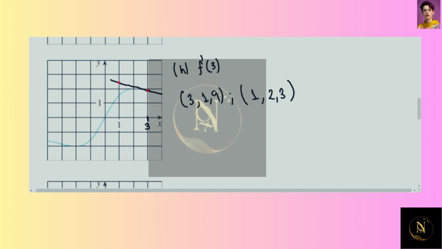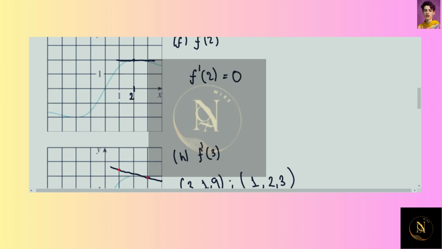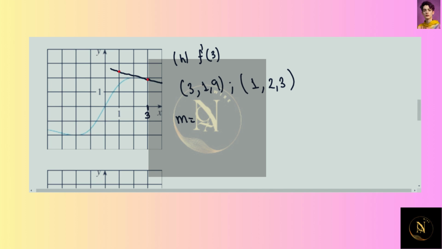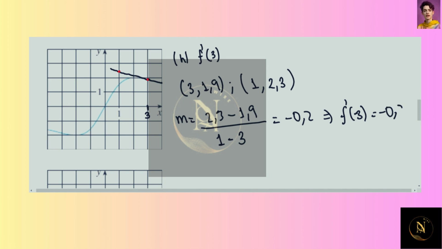So taking the slope, it is going to be 2.3 minus 1.9 over 1 minus 3. So in here we will have a value of minus 0.2. And this gives us approximately a value for the derivative at the point 3 of minus 0.2.